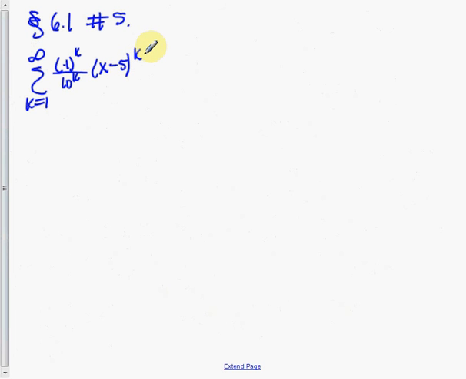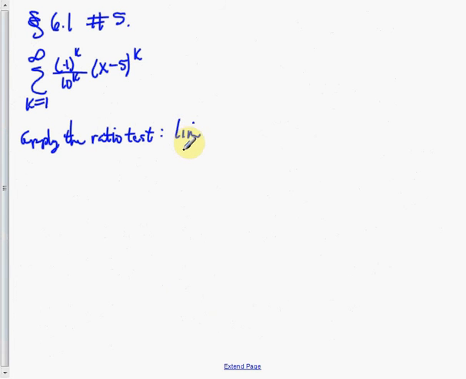So we apply the ratio test, which is the examination of the limit.